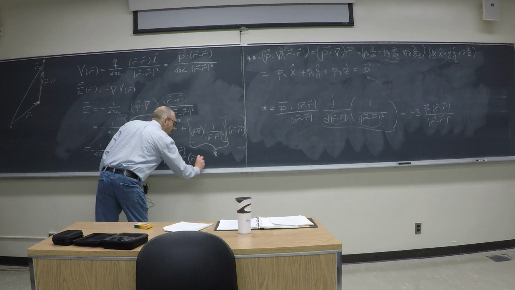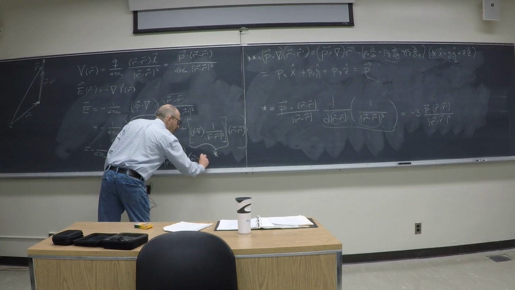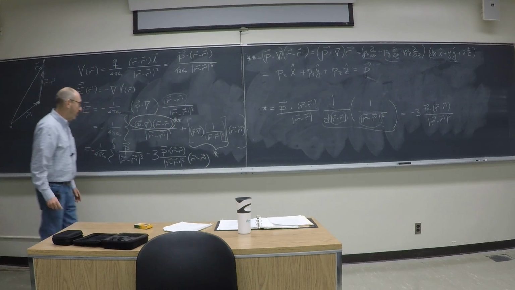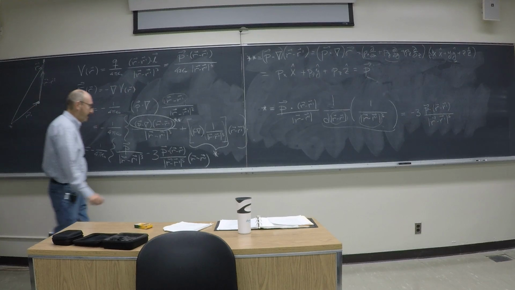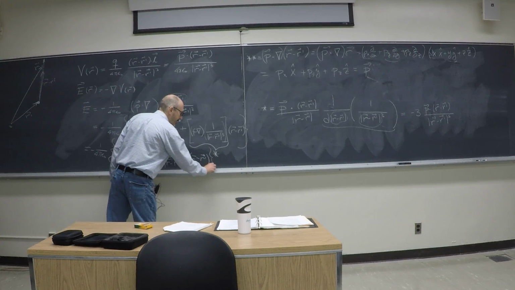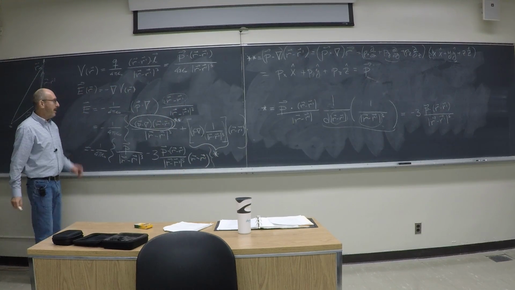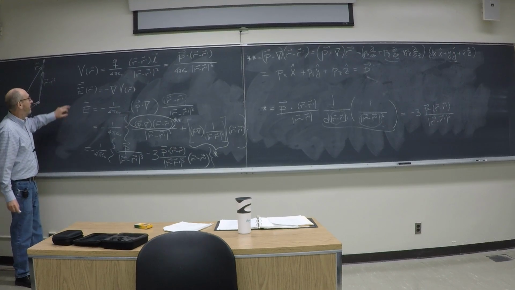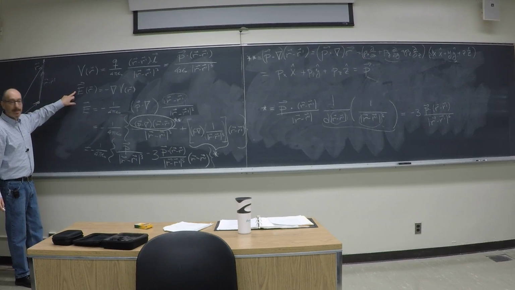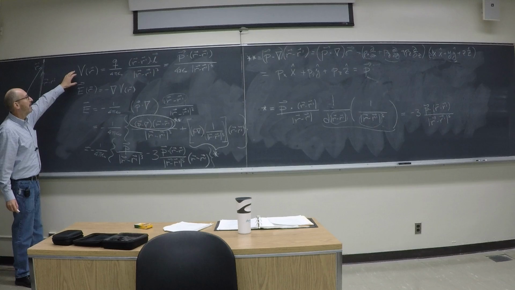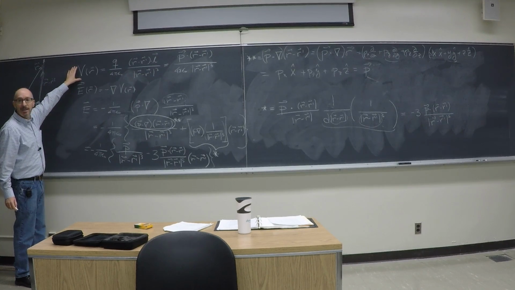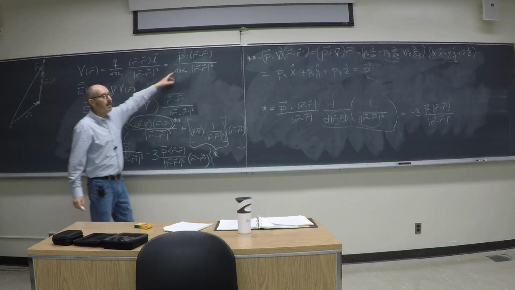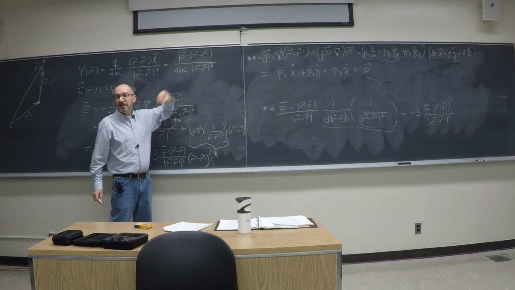I just want to look at that only for 1 second before moving on. This is a source of nice exercises for you. What we just obtained, if you remember, was the electric field. The electrostatic potential V is up here and was relatively simple.